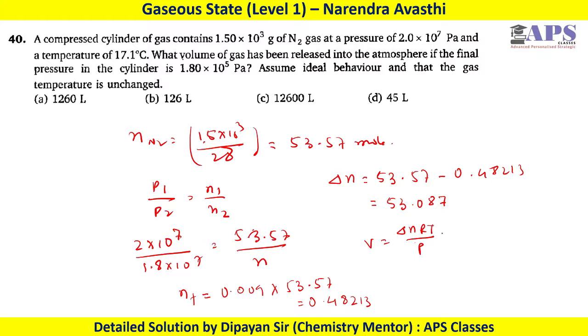Now to calculate the volume, that is P V equal to delta N RT, V equal to delta N RT by P, that is 53.087 multiplied by 0.0821 multiplied by 273 plus 17.1 divided by 1.8 into 10 to the power 5.